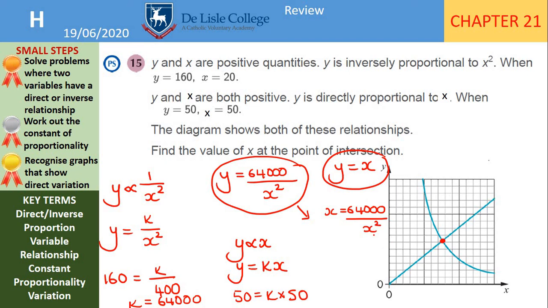Now if I multiply up by x squared, x times x squared is x cubed. So I get that x cubed is equal to 64,000. And if I take the cube root of 64,000, I will get that x equals 40 as required.